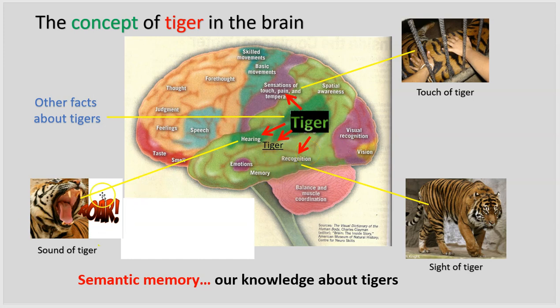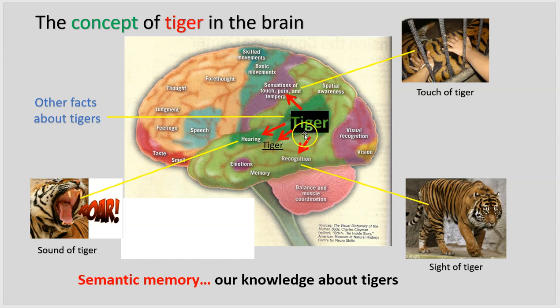The memory for what a tiger sounds like, the roar, would be stored in the auditory areas. The memory of what a tiger feels like would be stored in the touch areas of the brain. We have a memory of the sound of the word tiger. And if we were literate, we would have a memory of the sight of the word, the letter string.